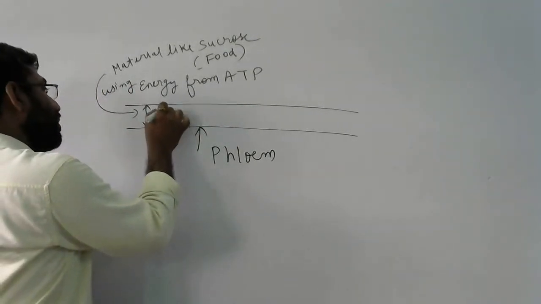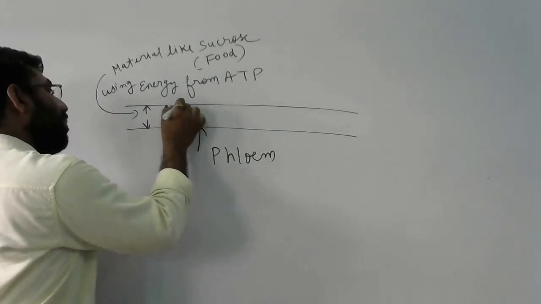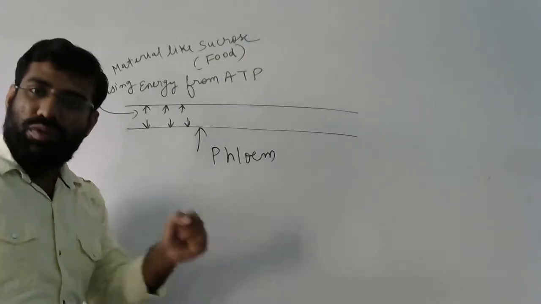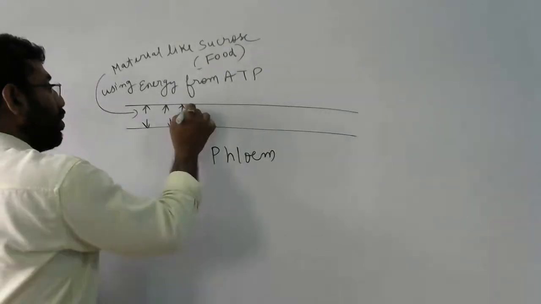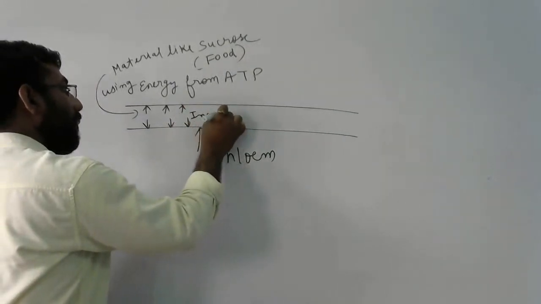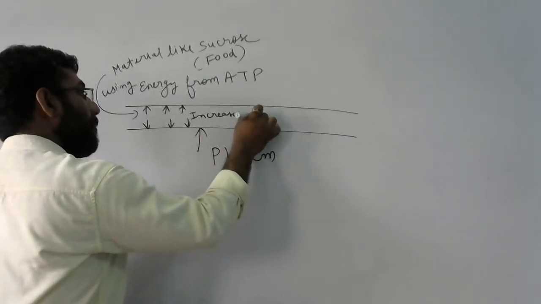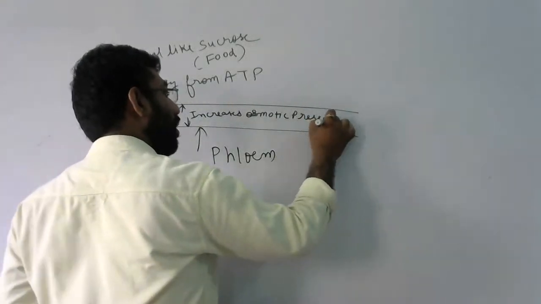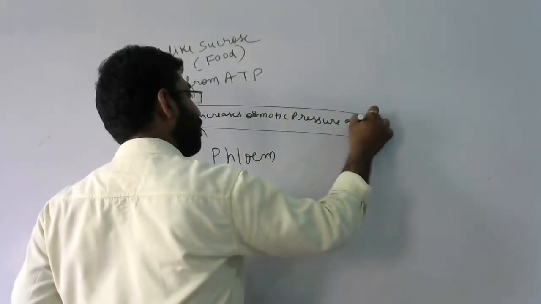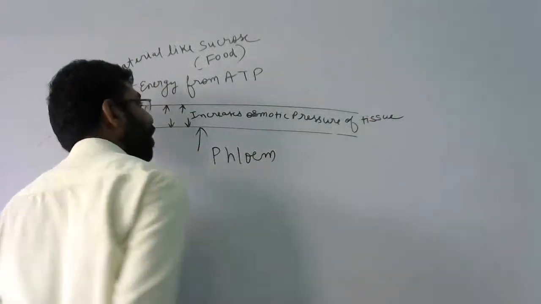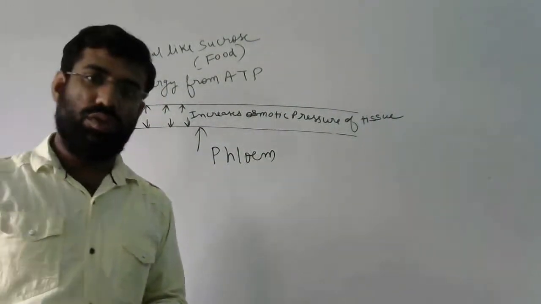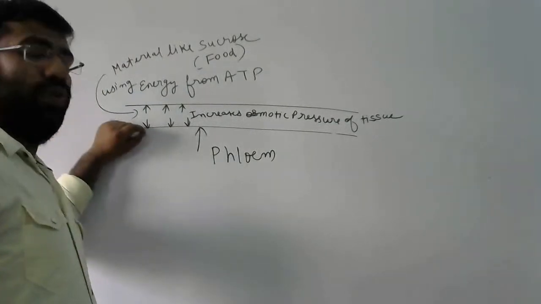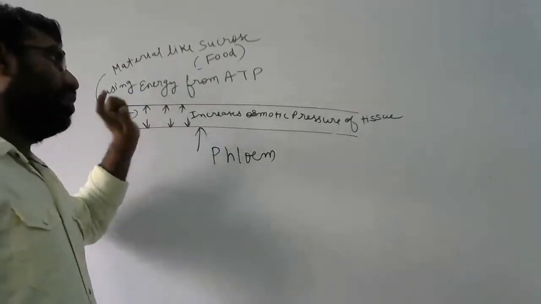When you put something, it will apply force. The food will apply force on the walls of the phloem because we are inserting food inside. So it increases the osmotic pressure of the tissue.